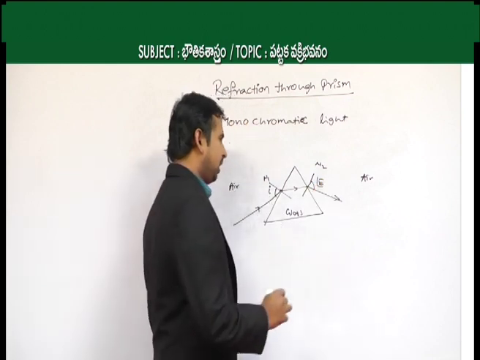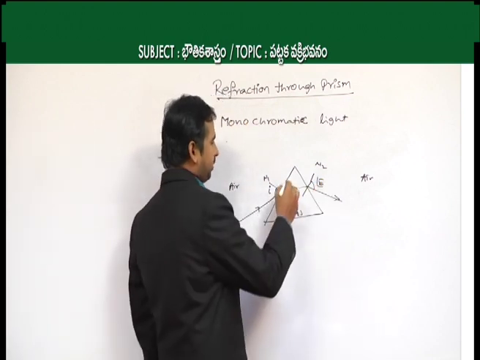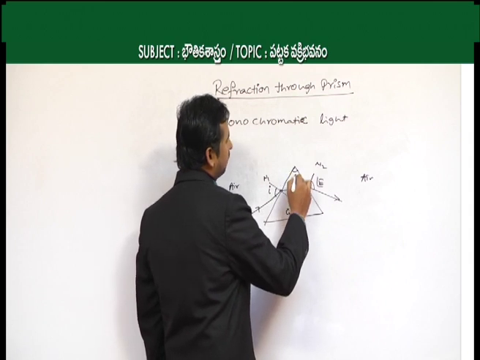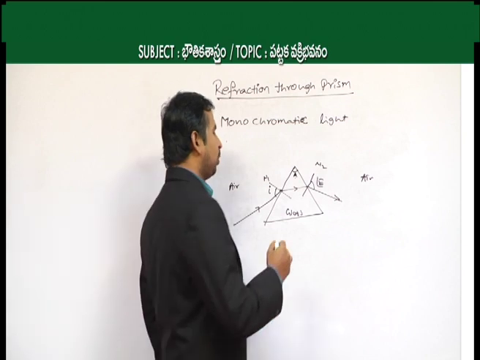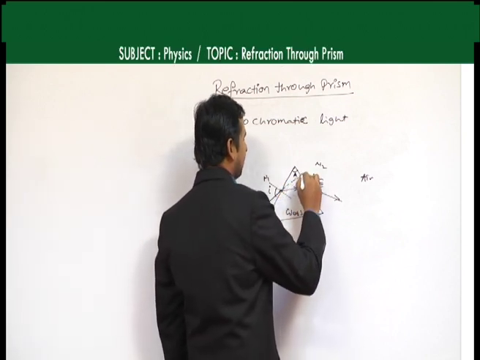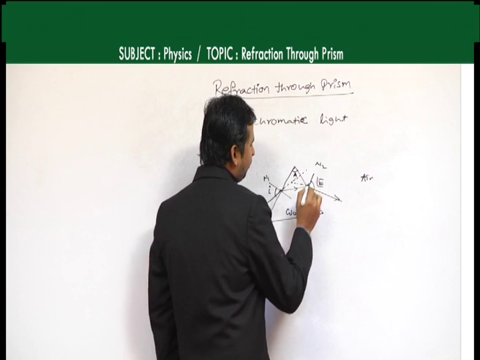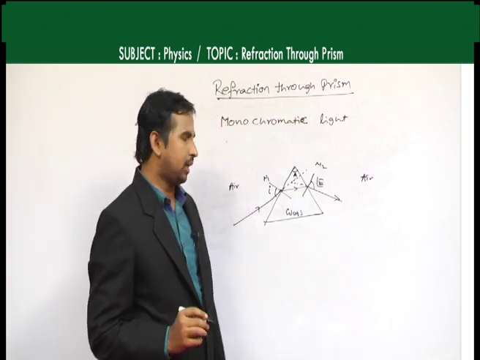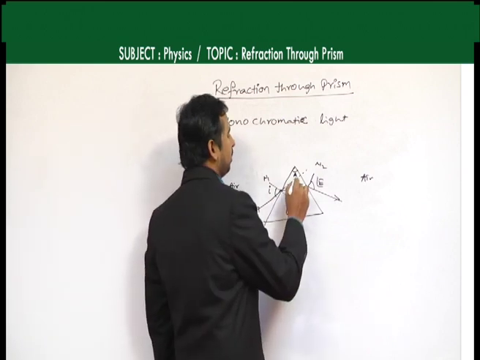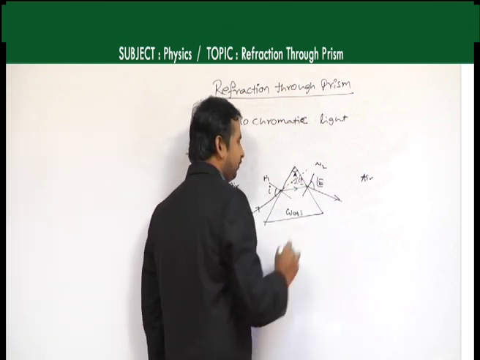The angle between the two refracting surfaces we call the angle of the prism, A, and another angle is the angle of deviation, which tells how much the light ray is deviated. We can find that by extending the incident ray and the emergent ray until they meet at a point; the angle there is the angle of deviation.